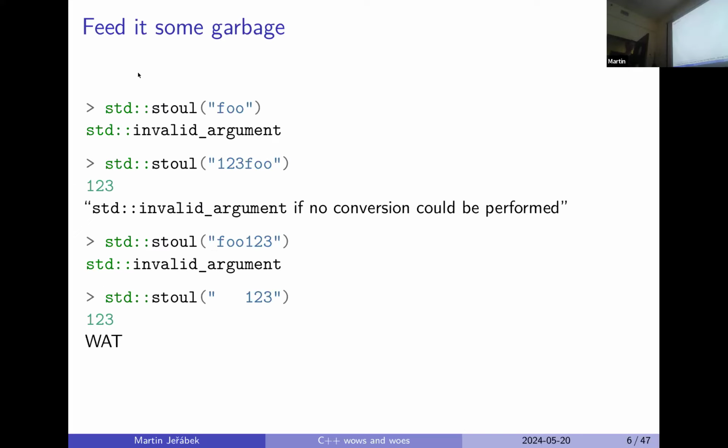But maybe the leading white spaces are converted to zeros and then 123. Yeah, but it's not a number, right? I wouldn't expect a number conversion function to skip leading white space or just partially parse, or parse signed integers as unsigned integers, but according to the C++ standard devs, it makes perfect sense.